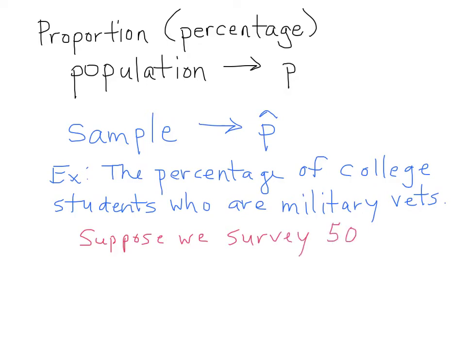So suppose that we survey 50 college students, which is a very small sample for such a large population, but if we survey 50 college students and out of those 50, 8 of them were veterans.